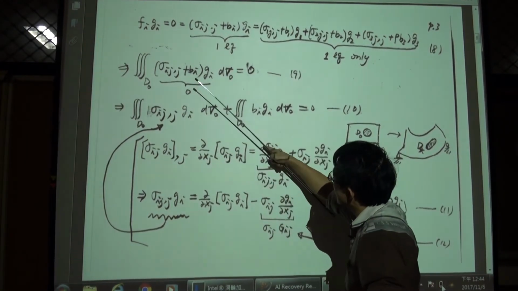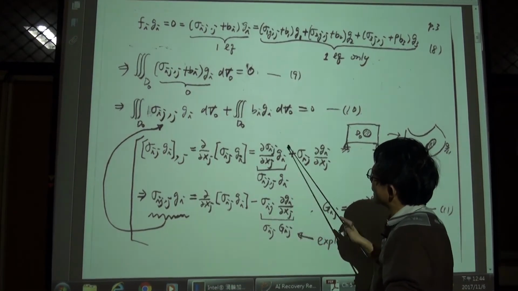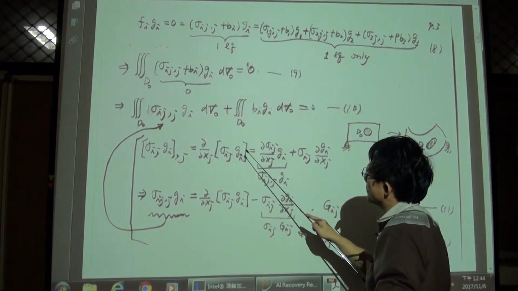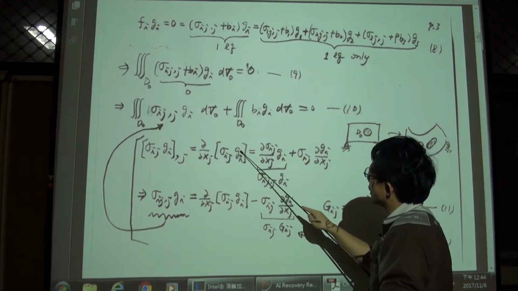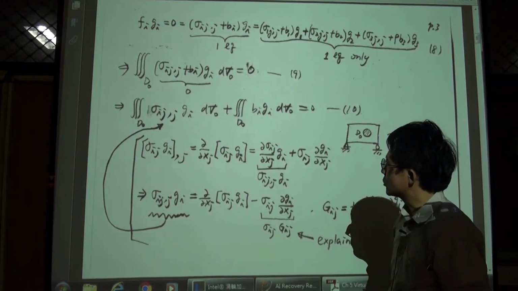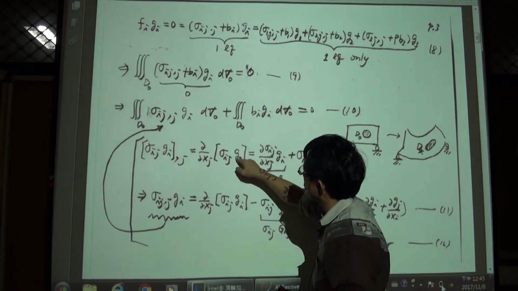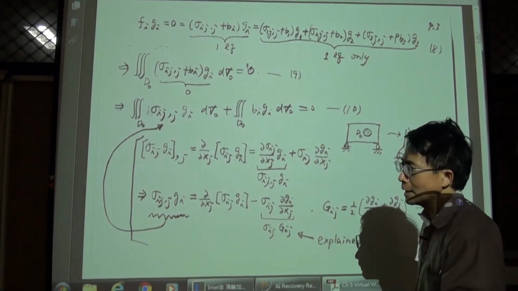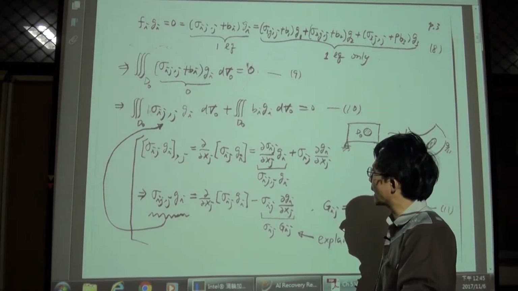We differentiate this term, partial sigma ij, partial xj, right? And this term is kept fixed. But we have a second term. We keep this term fixed and differentiate this term. Understand? And then we get this. This is a very basic operation in differential calculus.